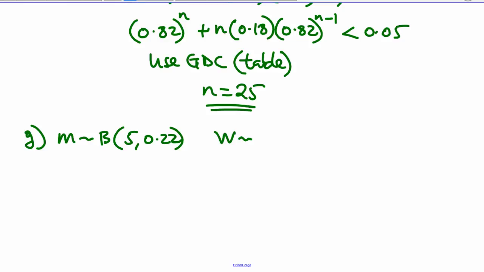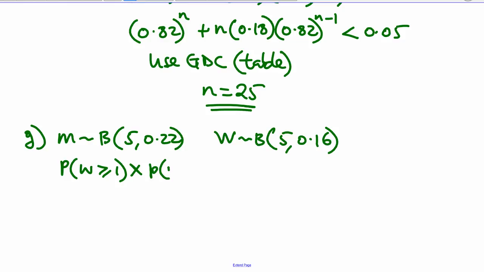W for women follows a binomial distribution with parameters 5 and 0.16. So we are asked to find the probability W is greater than or equal to 1, multiplied by the probability M is greater than or equal to 1.